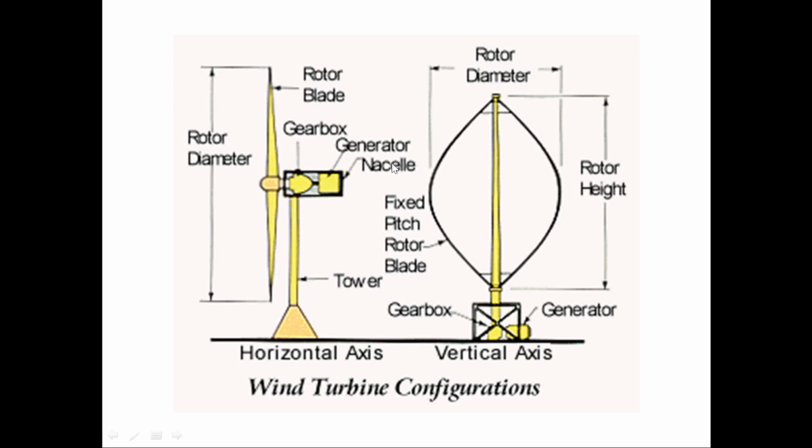A nacelle is the name for the entire box-like arrangement wherein the gearbox and generator are mounted, along with various controls, and the generated electricity will be drawn downwards through the tower and fed to the grid. Whereas you can see here in a vertical axis turbine, the entire nacelle is placed at the ground level.